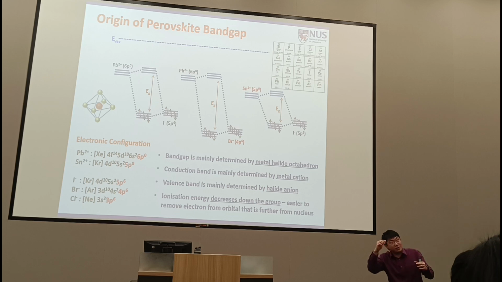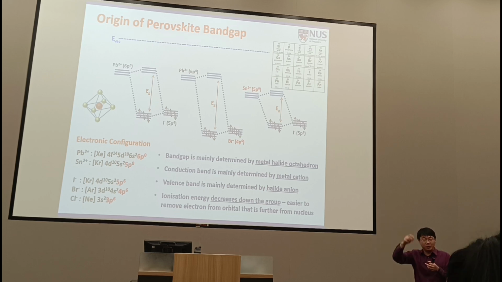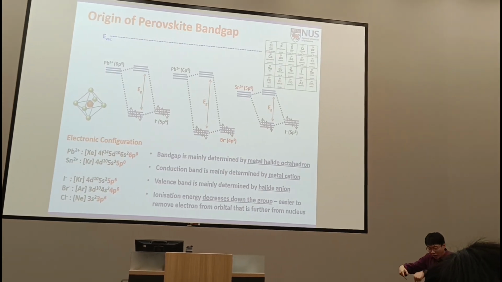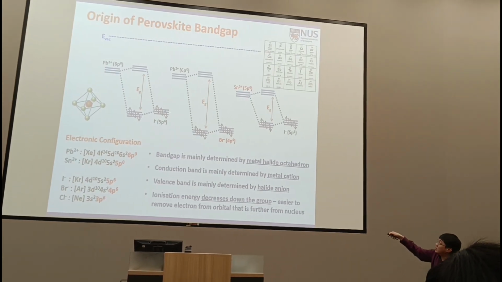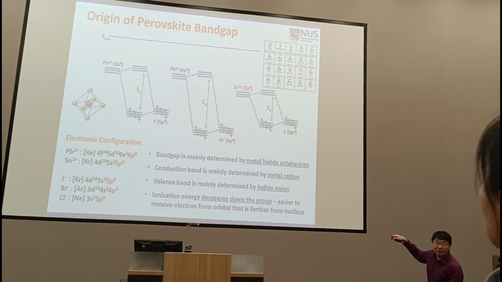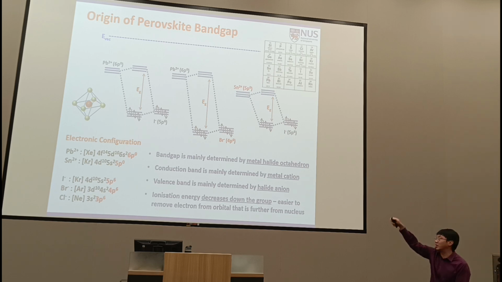As the shell goes bigger, it's easier to remove this electron, and when we say remove, we mean remove to the vacuum level. Iodide is very low down the group, so it's very easy to remove this electron to the vacuum level compared to bromide. Bromide is deeper inside, so it's harder to remove this electron to the vacuum level.